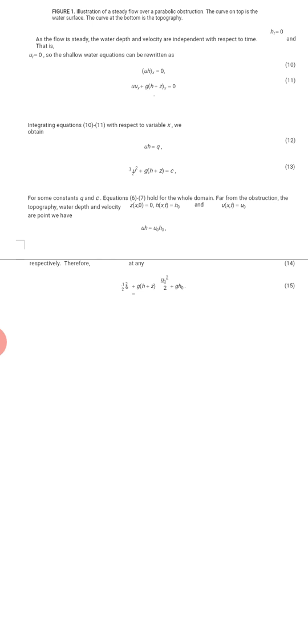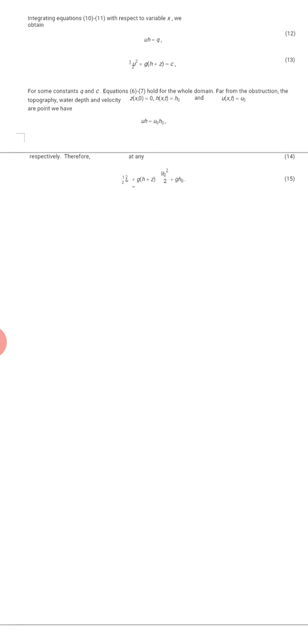Far from the obstruction, the topography, water depth and velocity are z of x comma 0 equal to 0, h of x comma t equal to h naught, and u of x comma t equal to u naught. So we have u h equal to u naught h naught respectively. Therefore, the given equation will become like this.